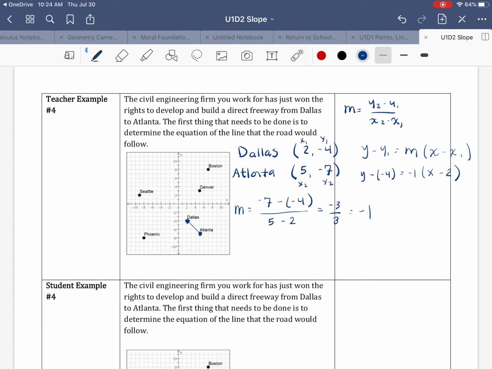Again, we can simplify that negative minus into a plus. So y plus 4 equals negative, and it's a -1, so we can actually just get rid of the 1, x minus 2, just like that. And we have the equation of a line that describes the direct path between Dallas and Atlanta.